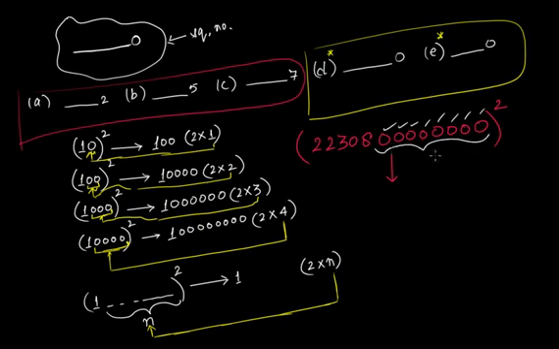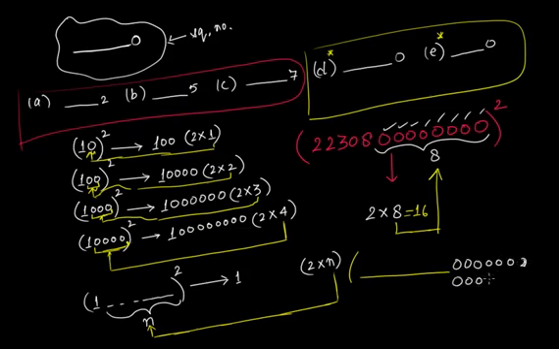So you have 8 zeros. So its square number will contain 2 times 8, and this 8 is actually this number. So the square number in this case will have 16 zeros: 1, 2, 3, 4, 5, 6, 7, 8, 9, 10, 11, 12, 13, 14, 15, 16.